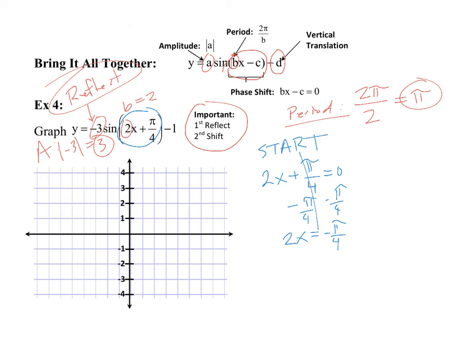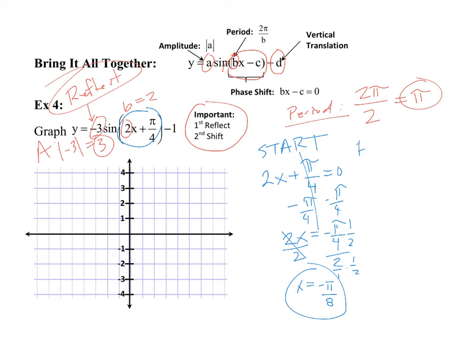Then I divide by 2. This is a complex fraction. I can put this over 1, multiply by 1 over 2, and I get x is equal to negative pi over 8. That's an important piece of information.